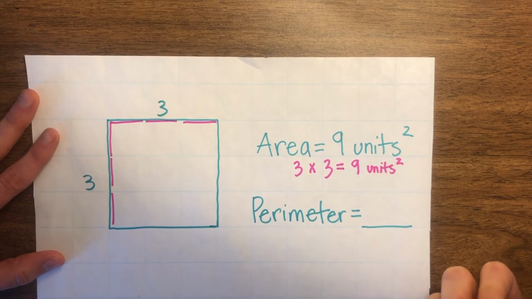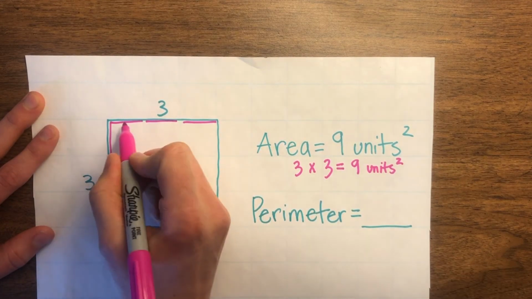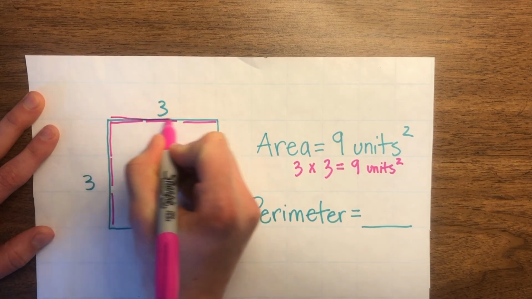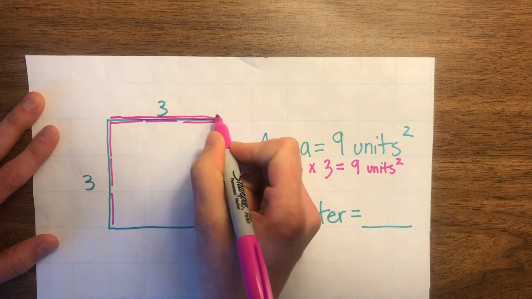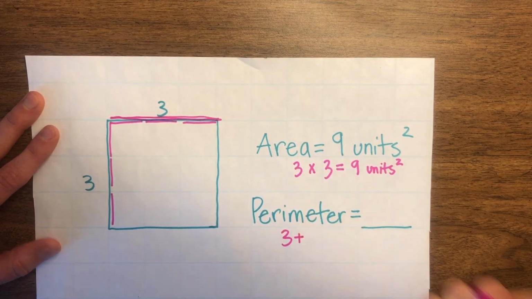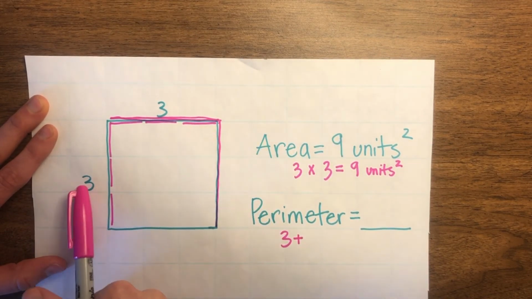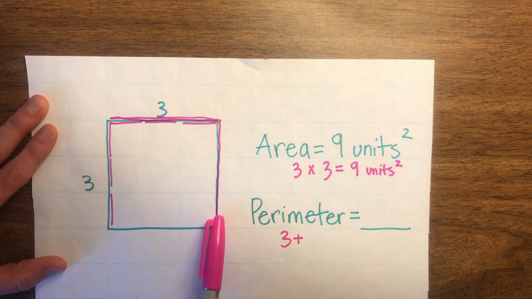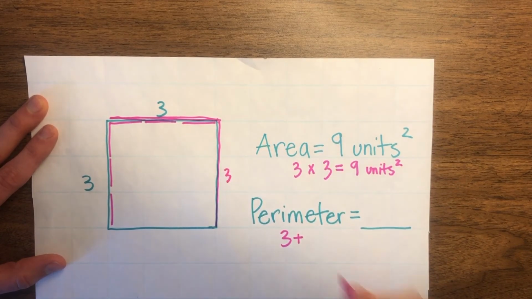To find the perimeter, remember, we're just measuring the distance around the shape. That means I'm saying, okay, just the length of this side of it is 3. That means I take that length, I do 3. I'm going to add this width. I already know that it's going to be 3 because squares have the same width on both sides. So I'll just put 3 right here.